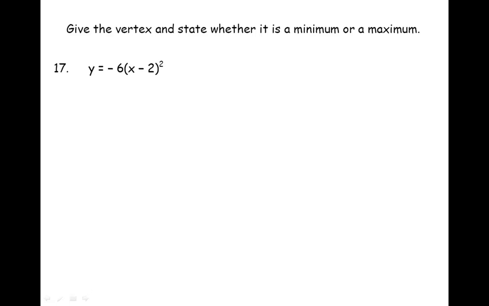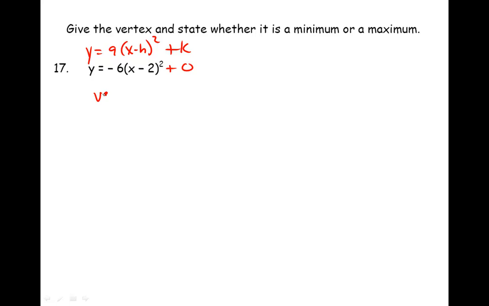Give the vertex and state whether it's a minimum or maximum. So what we need to recognize here is that this is vertex form. There is a plus 0 out there that it's not written, but we need to understand is there. So this is of the form y is equal to a times x minus h squared plus k.